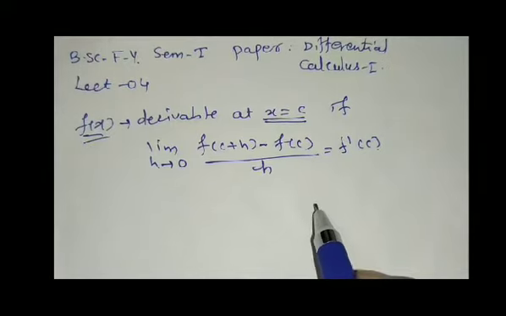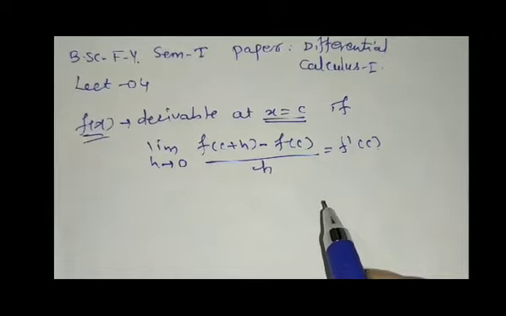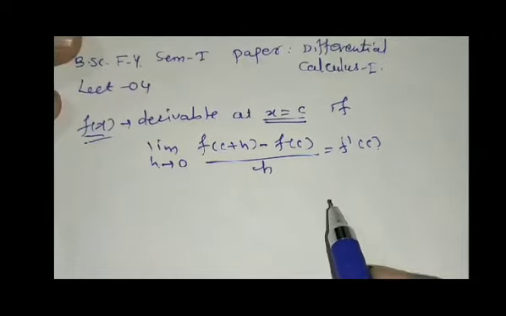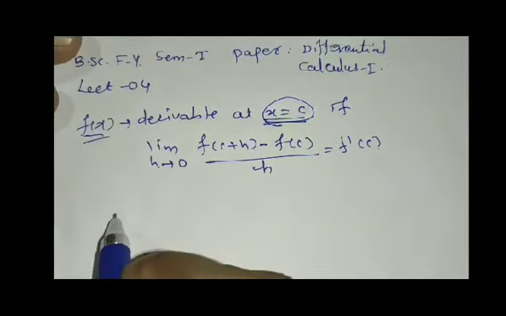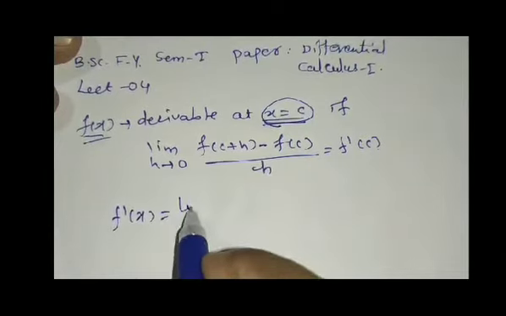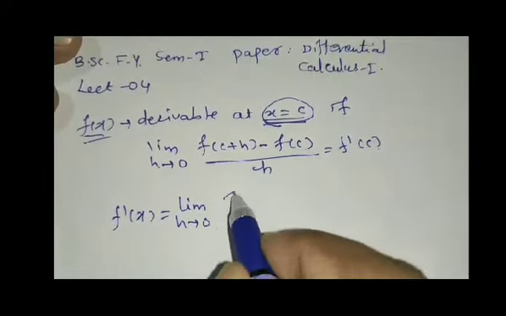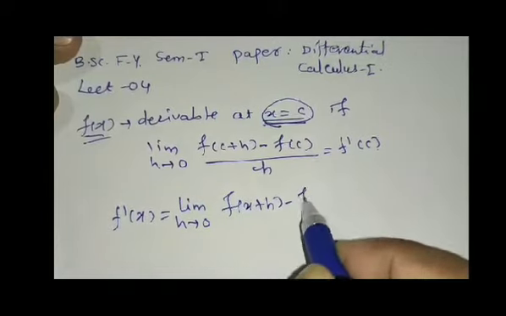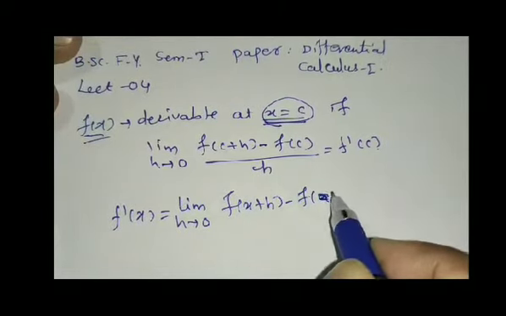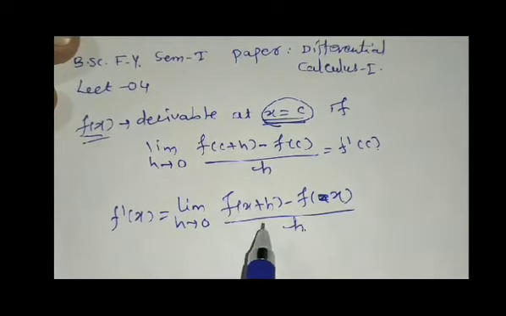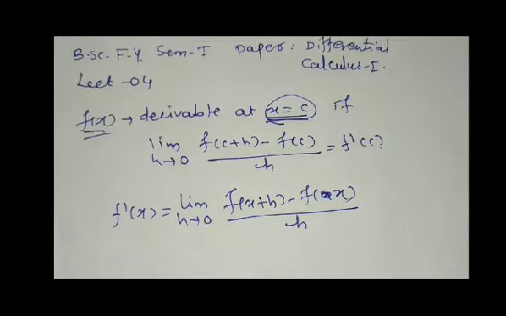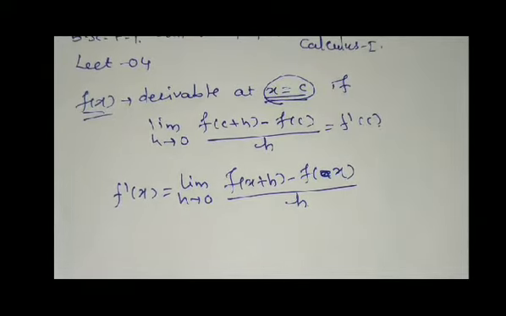This is for the particular point x is equal to c, but generally we can write f dash of x is equal to limit h tends to 0 of f of x plus h minus f of x divided by h. So this is a generalization of that particular point x is equal to c.